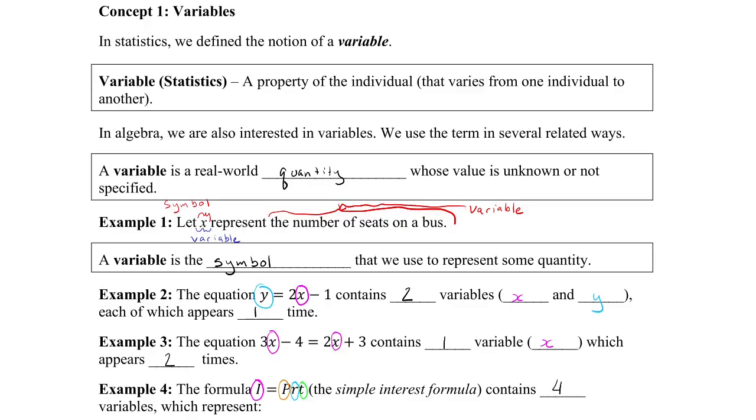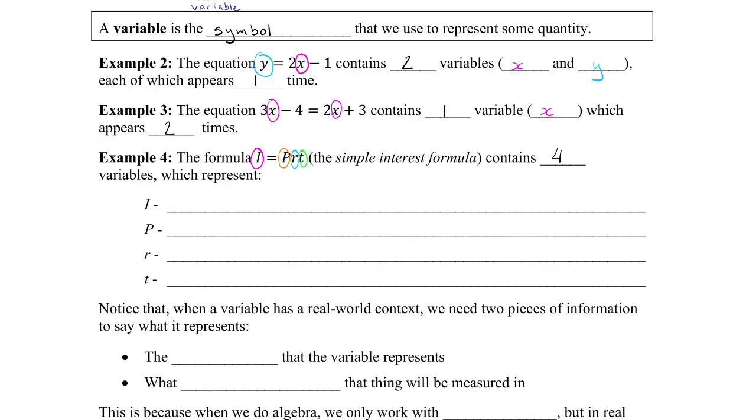Now, each of these variables has a meaning in the real world. I represents the amount of interest, and that's going to be some kind of money. Usually we're going to say this is in dollars. P represents the amount of money that the interest is earned on.